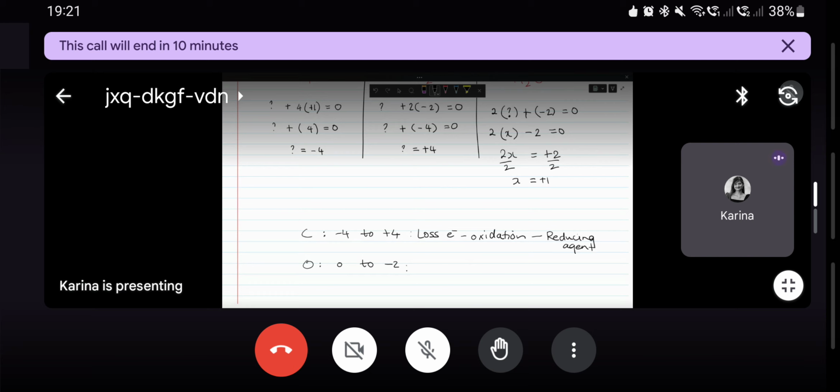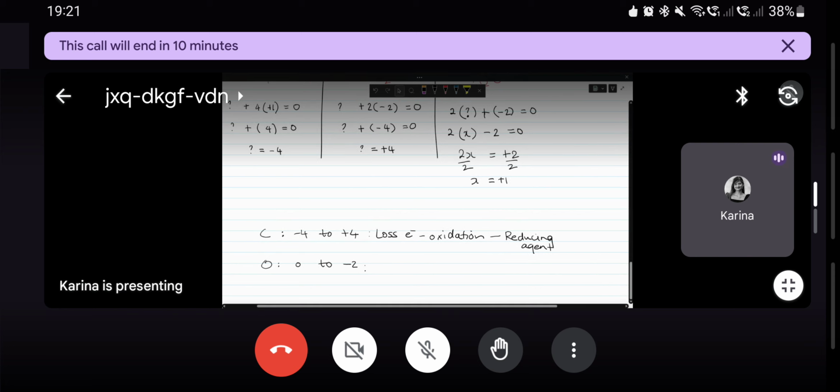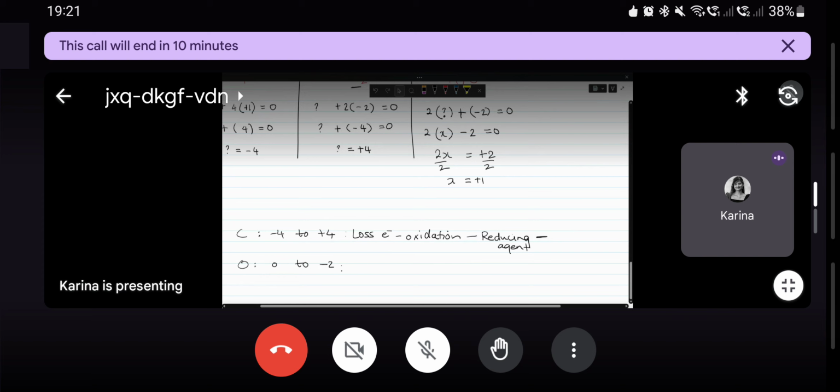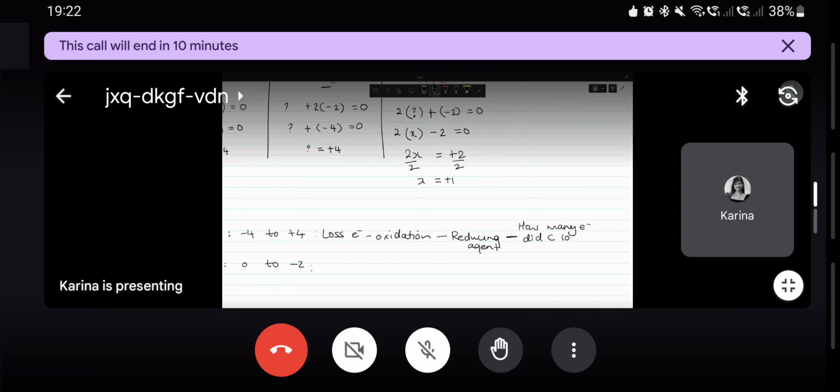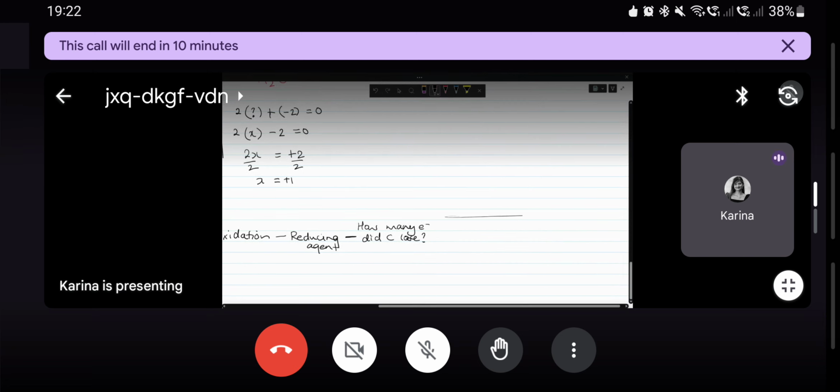And then for oxygen, let's actually first look at how many electrons carbon lost. How would we get that number? We need to look at the oxidation number, right? We're going from -4 to +4. So a little bit of thinking, a little bit of maths.